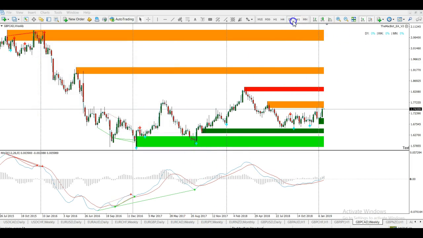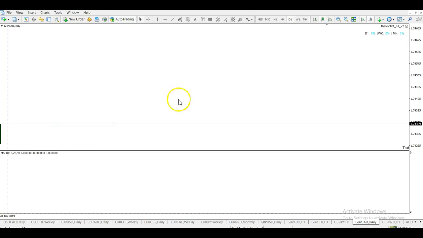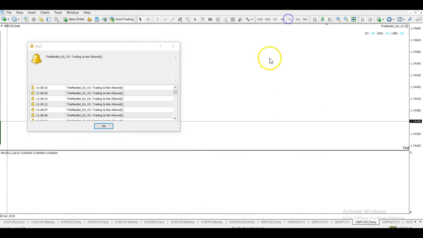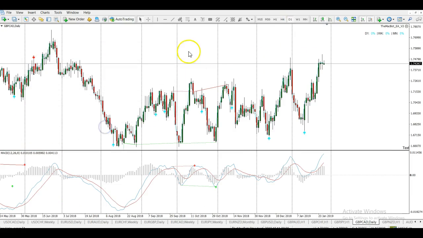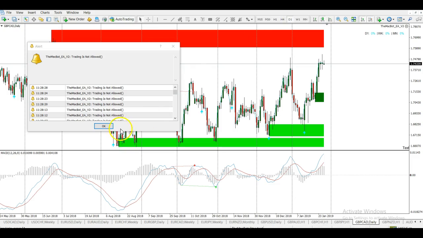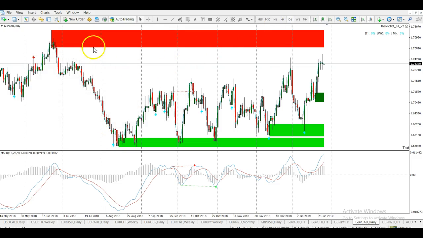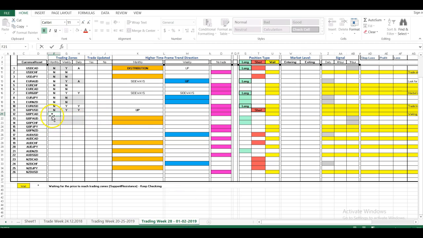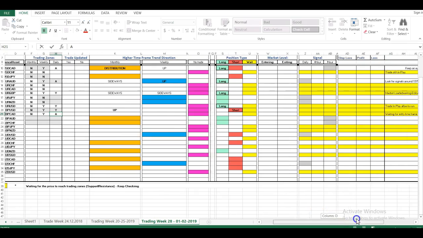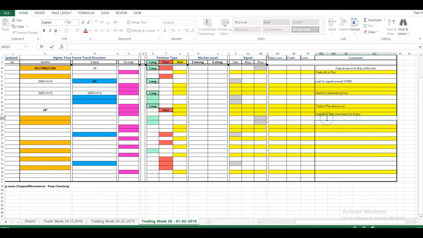So let me just look at the data. So no, approaching the daily, so nothing. Okay, so we've got no, yes, and A. So just look at this and keep an eye on it.